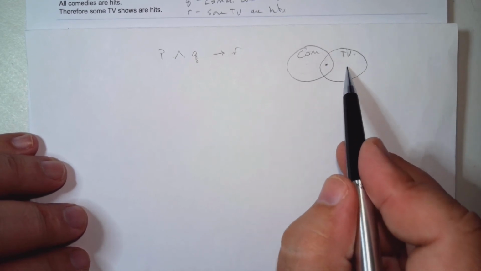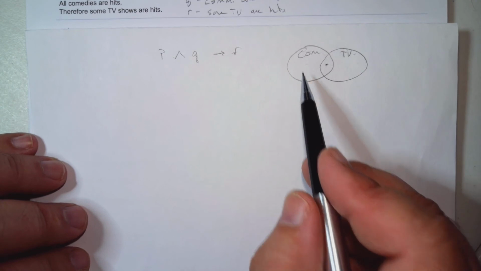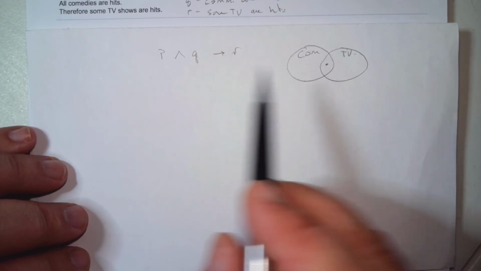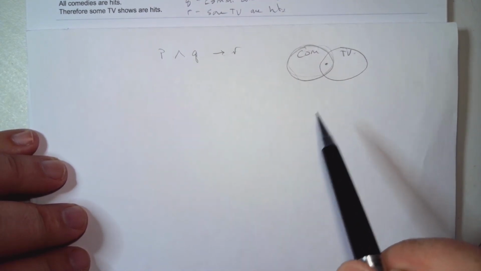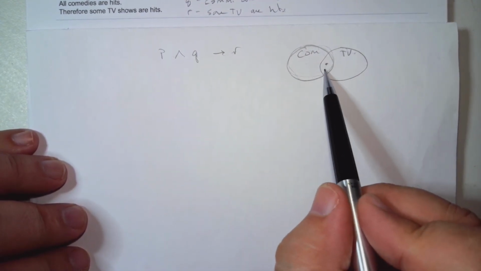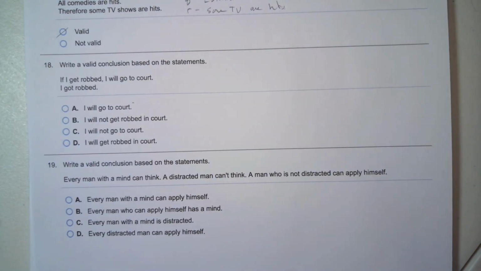There's some TV shows that aren't comedies, and some comedies that are not TV shows. They could be plays or books. And then all comedies are hits, so all of these are hits. Therefore, since some TV shows are comedies, that means some of them are hits. That's valid.